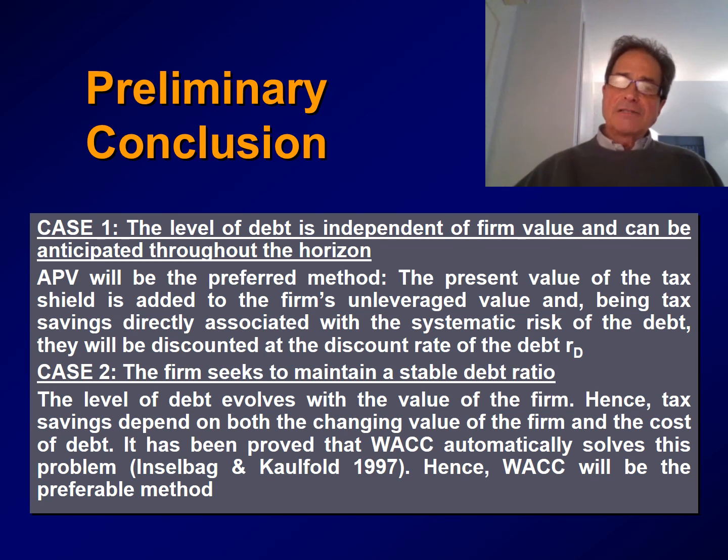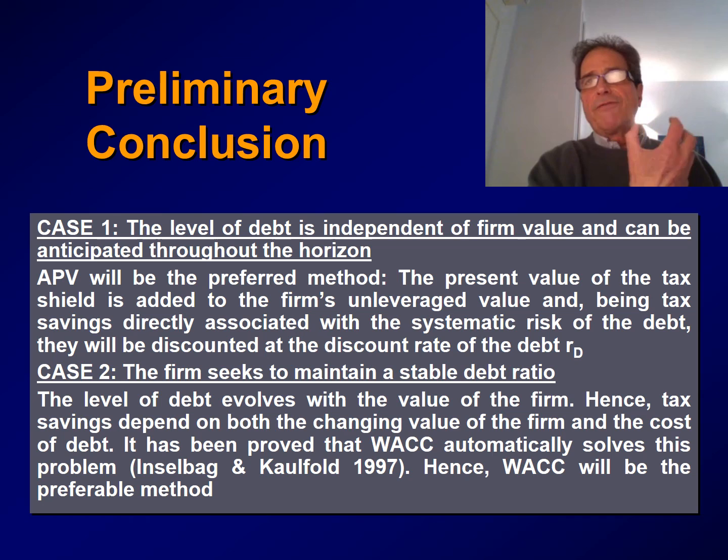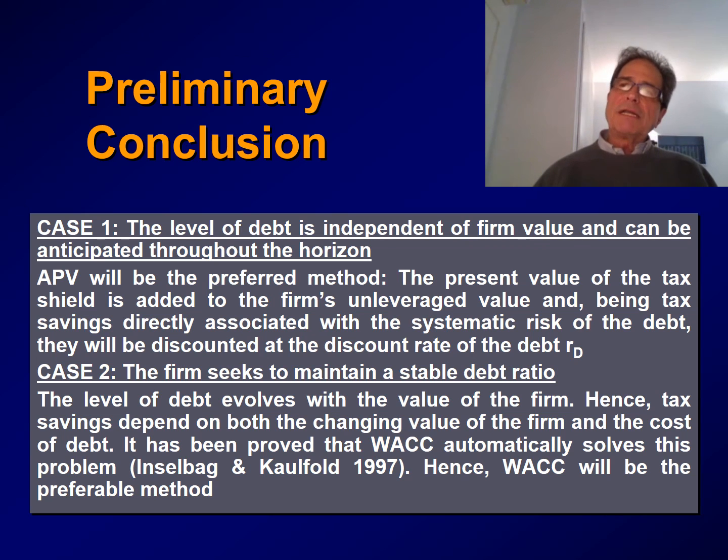And it has also been proved by Inselbag and Kaufold in their 1997 paper that when you use WACC to value a firm whose debt ratio is constant, then automatically the present value of the tax shield is calculated with the right discount rate, accounting both for the cost of debt and the risk associated with the value of the firm. So this complication that we explained before is also automatically solved when we use WACC.